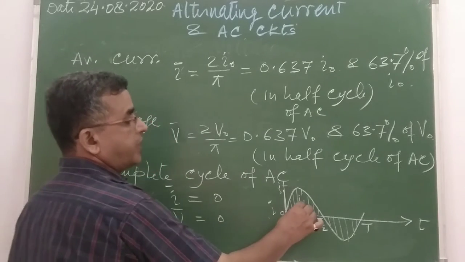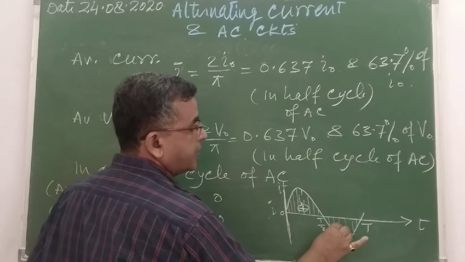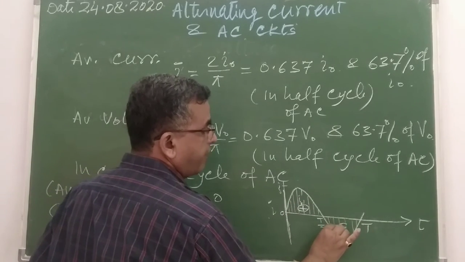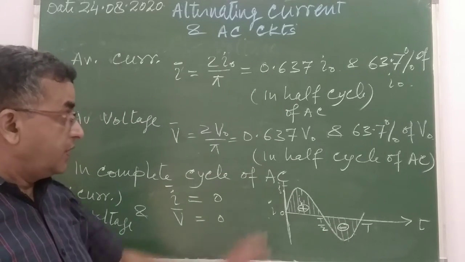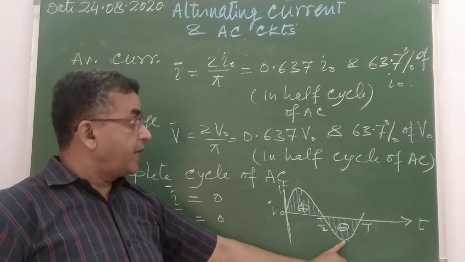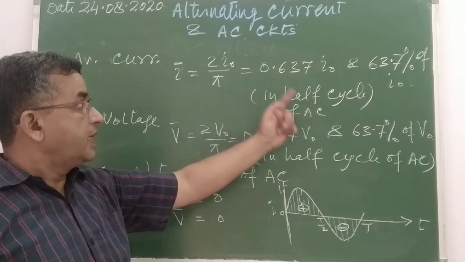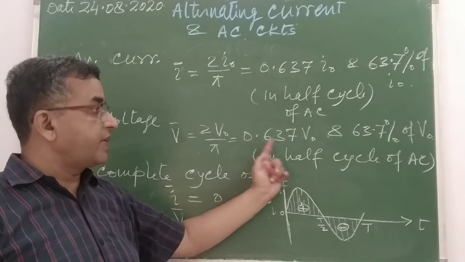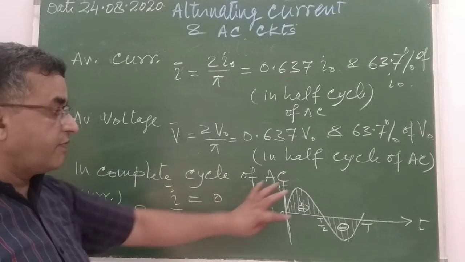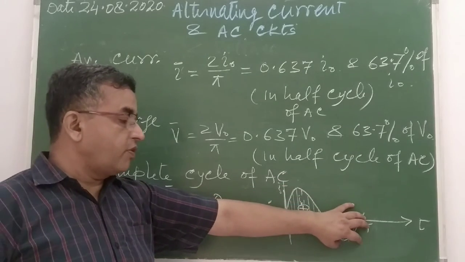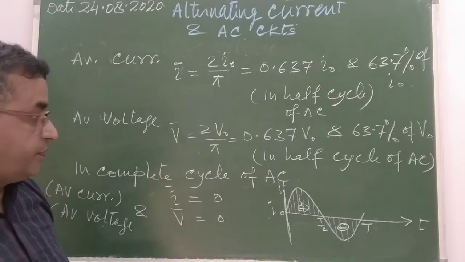This is the positive half cycle, and this is the negative half cycle. The same average value of current in the negative half cycle has a negative sign. But in a complete cycle, the positive average and equal negative value cancel, so the average value of current and voltage is 0.